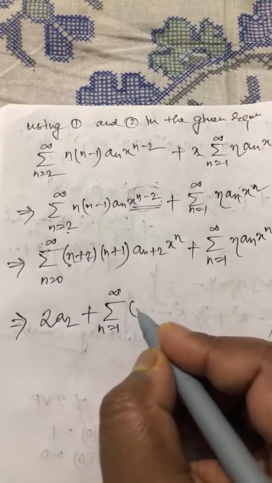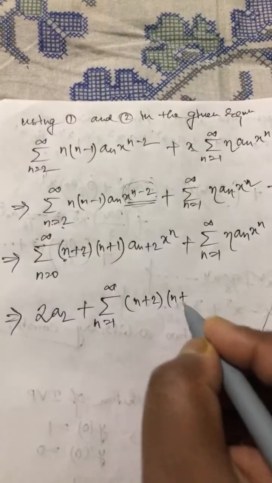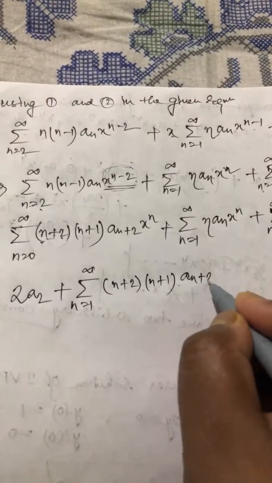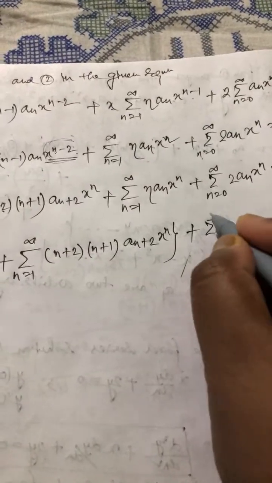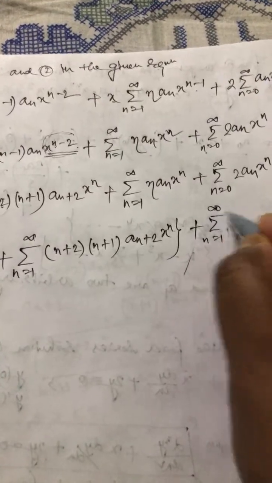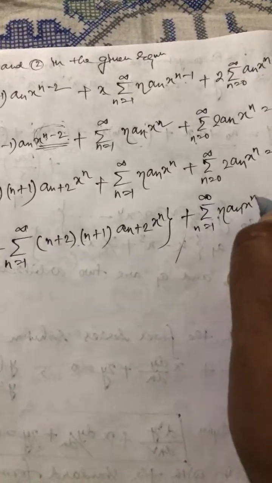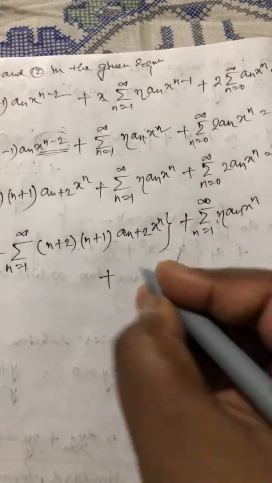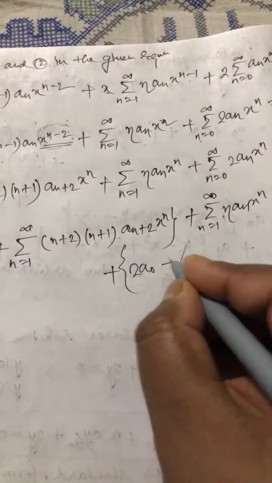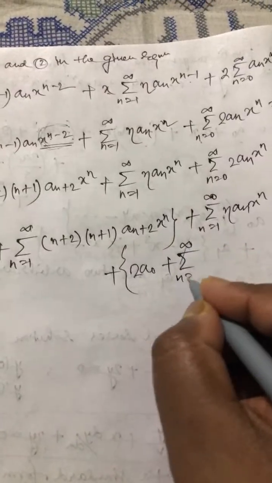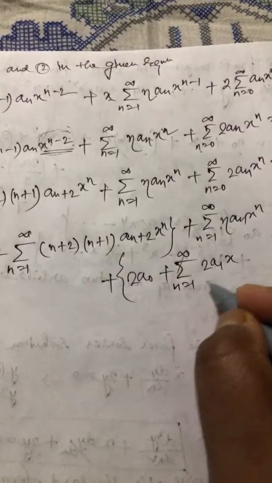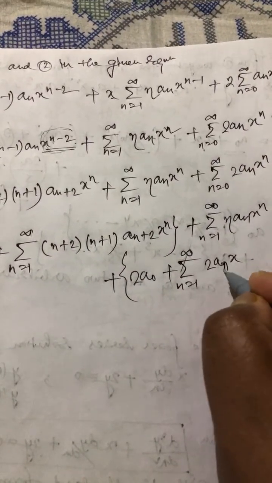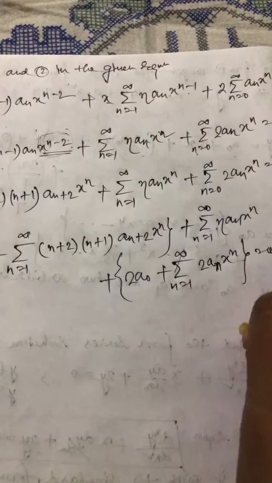summation from 1 to infinity of this expression. This part needs no change. Then putting n equals 0 in the last one, we get 2 a0, plus summation 2 a_n x to the power n.